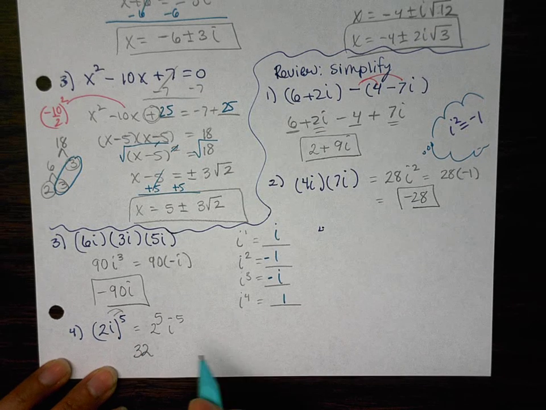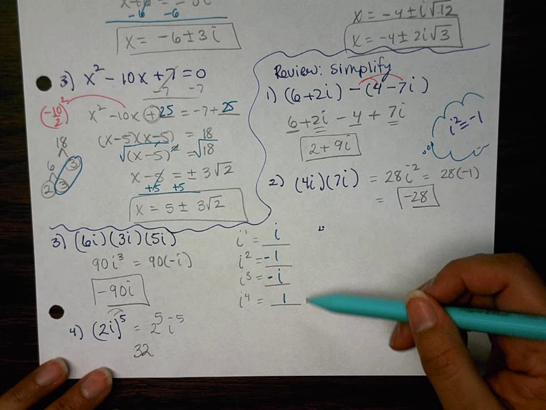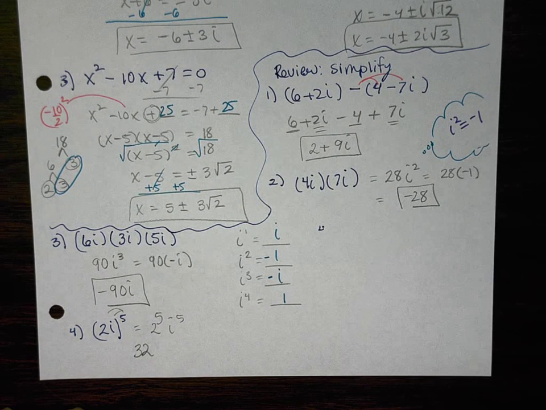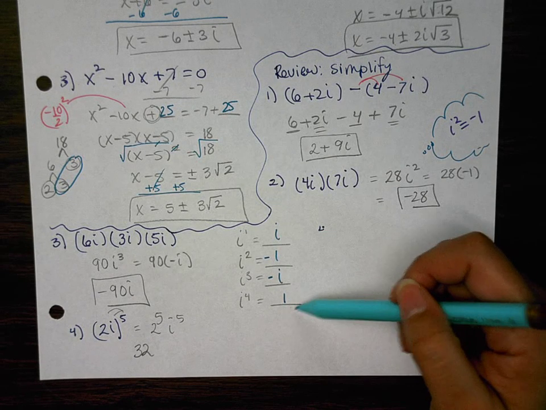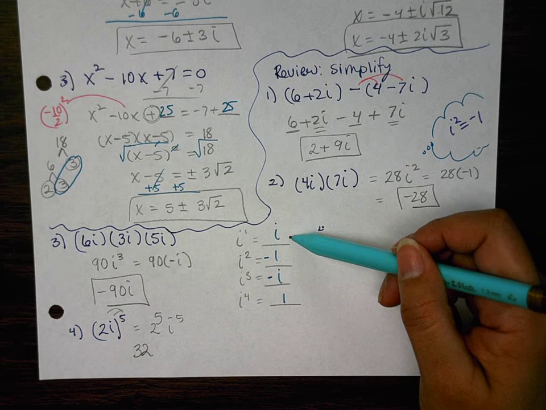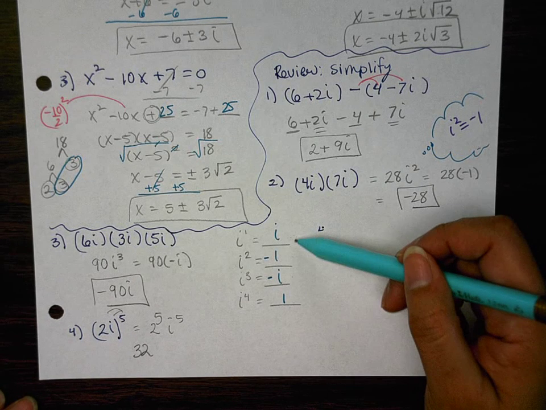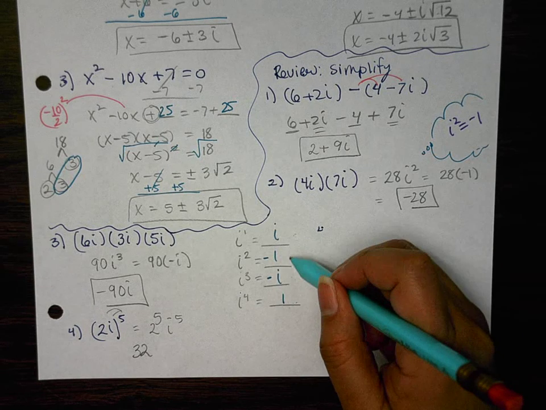i to the 5th. Do I have i to the 5th on my chart? Okay, so is it i? Guys, because 5 is a small number, is it easy to just say 1, 2, 3, 4, 5? Yes? Even 10, I would just count 1, 2, 3, 4, 5, 6, 7, 8, 9, 10. Okay, so with 5, we just count 1, 2, 3, 4, 5.